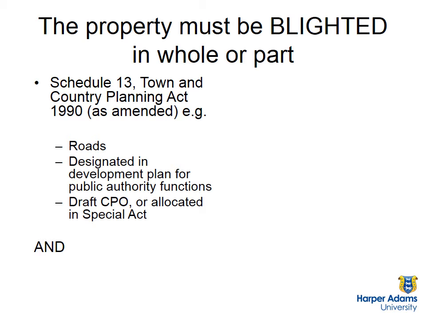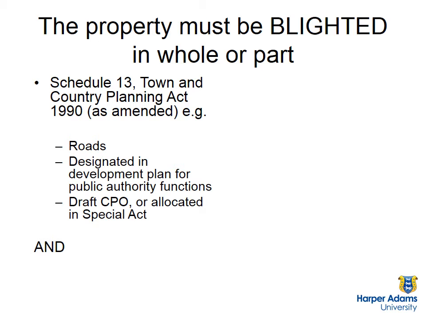The property itself must be blighted, in whole or in part. Being blighted has a very particular meaning in compulsory purchase and planning. You have to look at Schedule 13 of the Town and Country Planning Act of 1990 to see the full list of what counts as blighting development. It's a long list, and I don't propose to recite it all in these slides here.